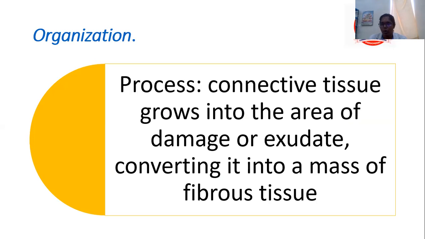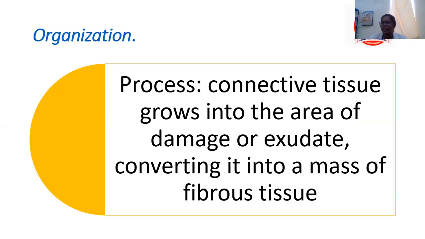Right? This is the process where the connective tissue grows into the area of damage or the exudate. This connective tissue grows into the area of damage or exudate and converts it into a mass of fibrous tissue that is called organization. Are you getting my point?